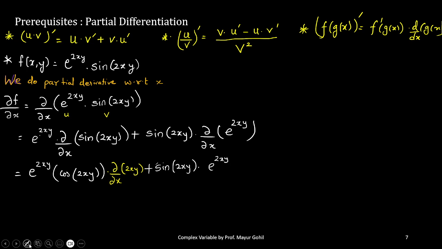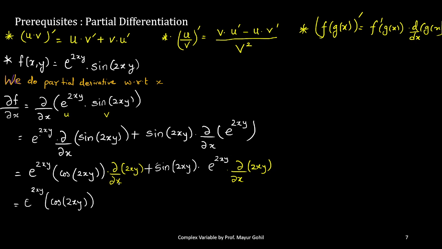Now, as we did further, in the yellow part we will have the derivative of 2xy again, because it is a function of x. So our final answer will be e to the power 2xy times cos 2xy.